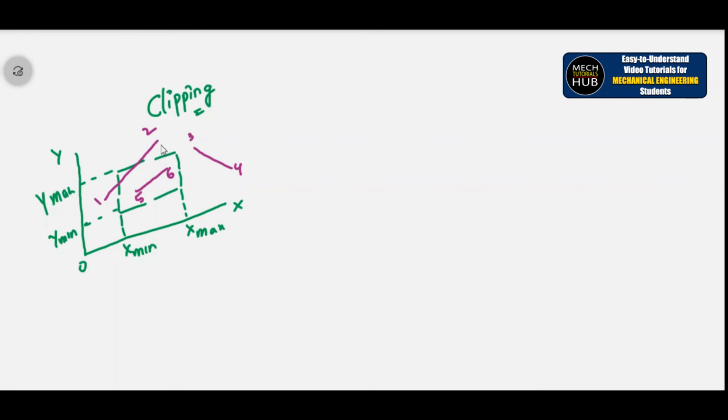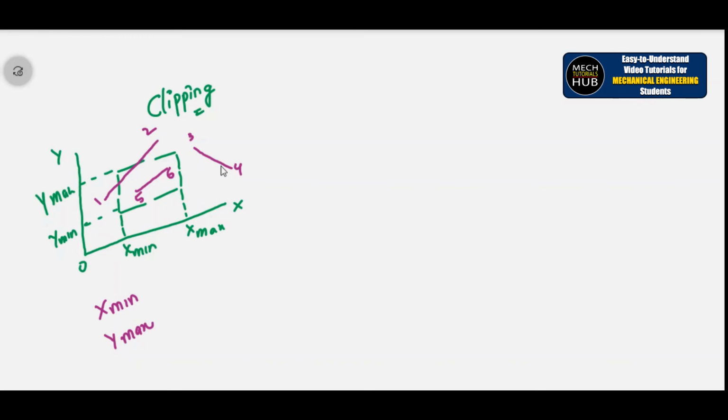The first line which I have drawn, 1, 2, is a line which is intersecting two lines of the window: the x minimum line and the y maximum line. Here this is the first point and this is the second point.